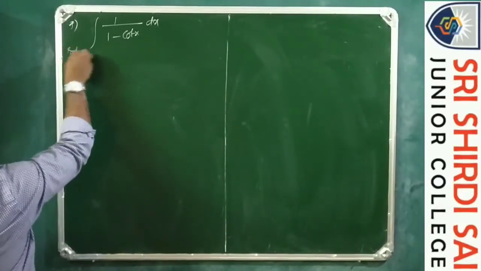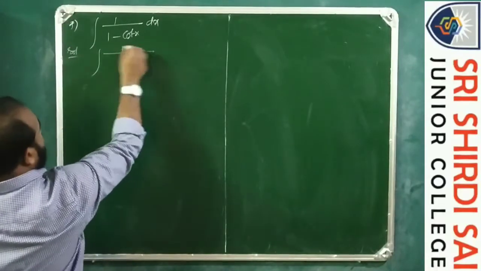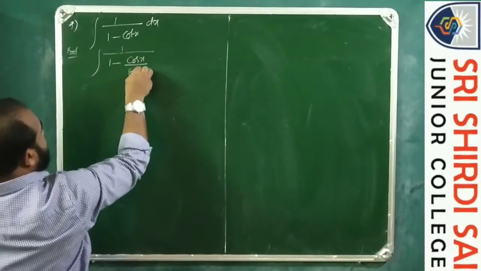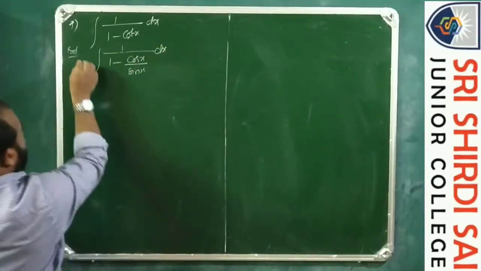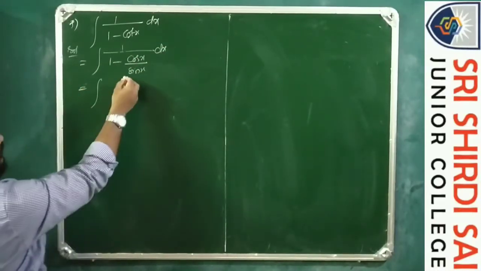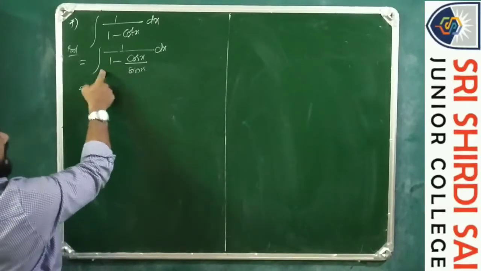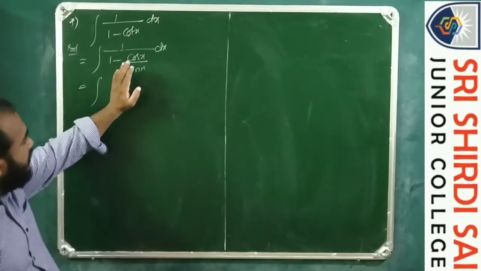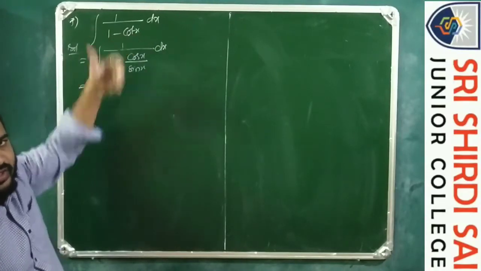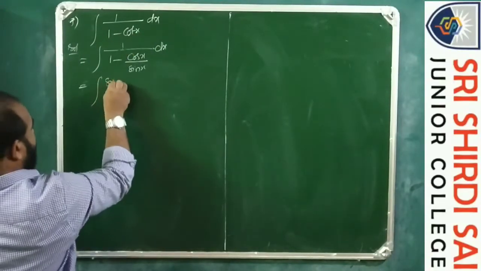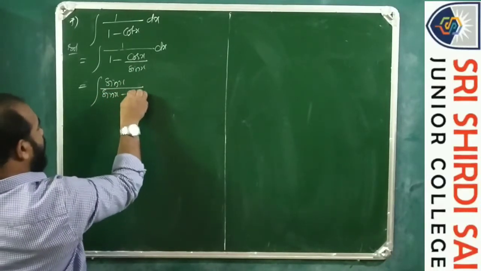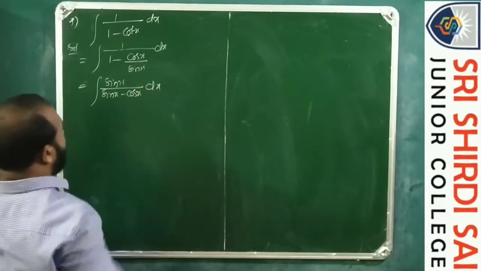This is 1 by 1 minus cos x by sin x dx, which is equal to 1 by sin x minus cos x by sin x, taking sin x as LCM. So if you take this to the numerator, then this is sin x by sin x minus cos x dx.